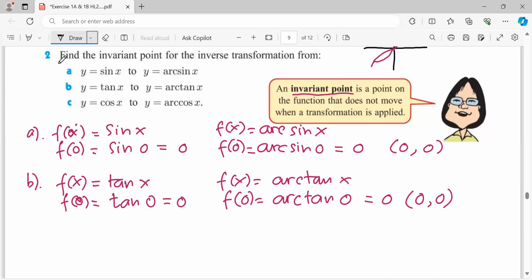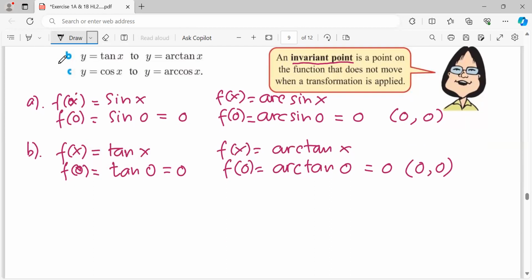I'm going to scroll down. See, y equals cosine x and y equals arc cosine x, right?